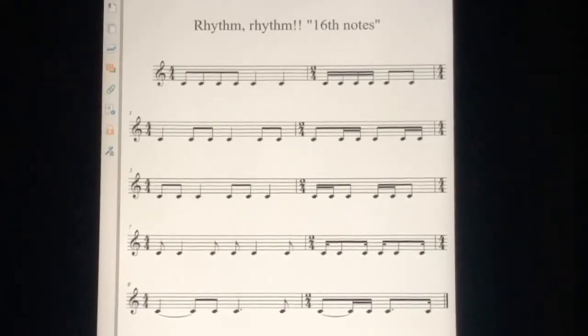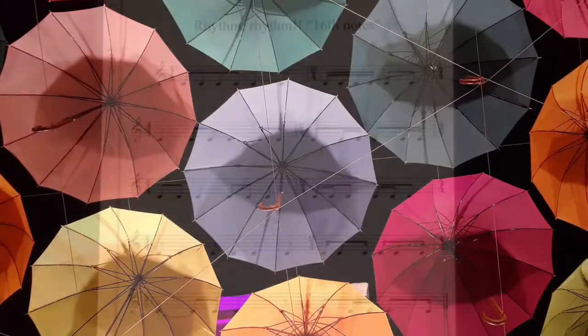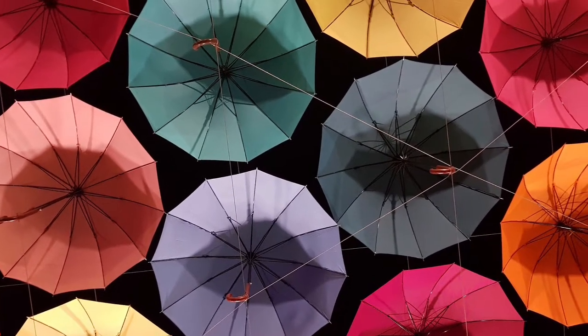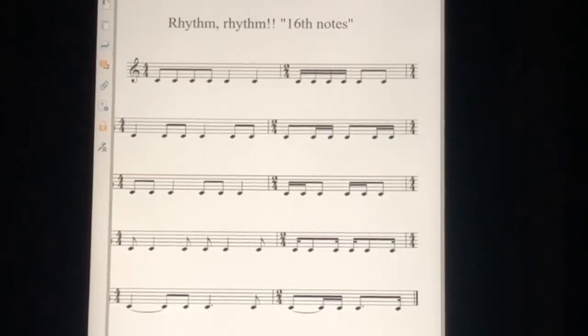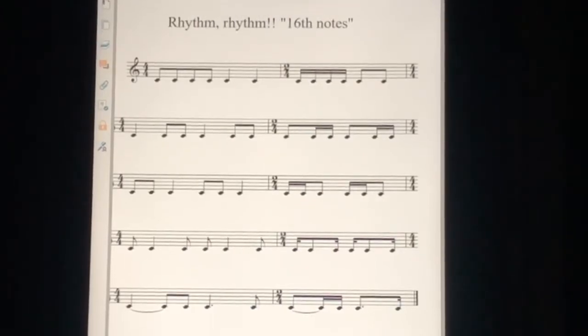Just count half when you play the second measure. Again, they look different, but just the value is different. The rhythm patterns are the same.